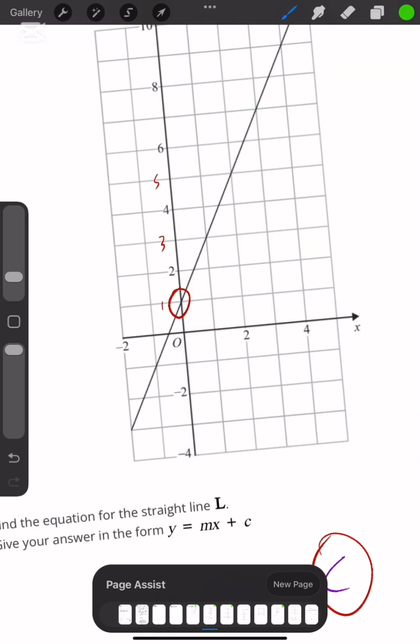And then we find our gradient, which is essentially the next clean cut like the line takes through the graph. So there's our next clean cut, so we can see it goes across by 2 and up by 4.